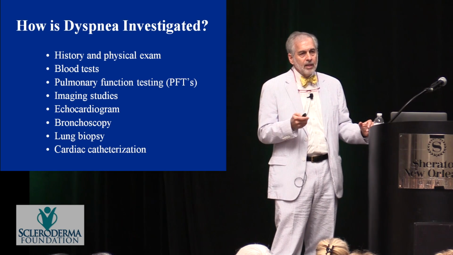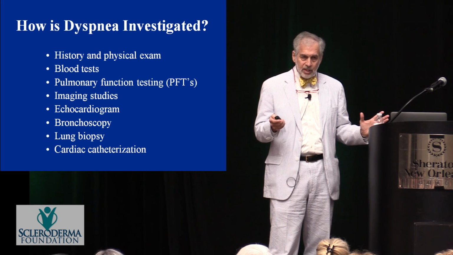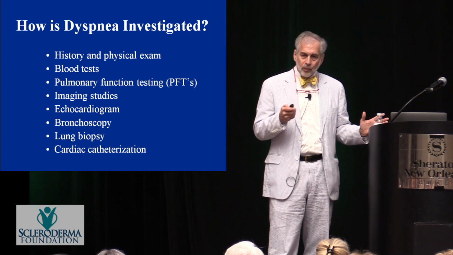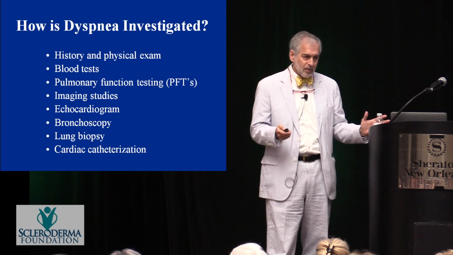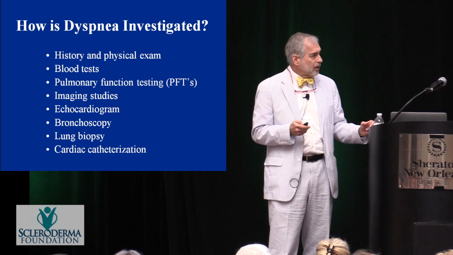And this is why I think most of our patients deserve to be seen at scleroderma centers, where the pulmonologist has seen a lot of scleroderma patients, or the radiologist has read a lot of images from scleroderma patients, and everybody is communicating with one another.